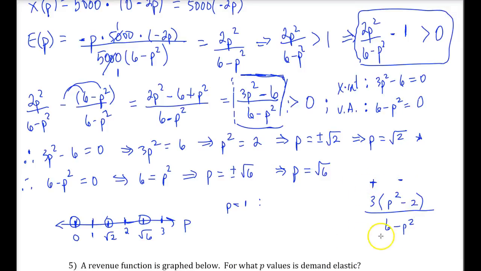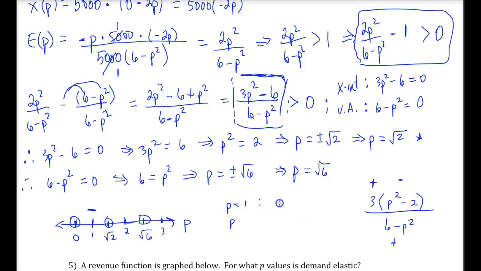And if I also plug in a 1 here, then I would have 6 minus 1, which is 5, so that would be positive. So positive times a negative divided by positive ends up being negative. So I know for this portion, this would be below the x-axis.